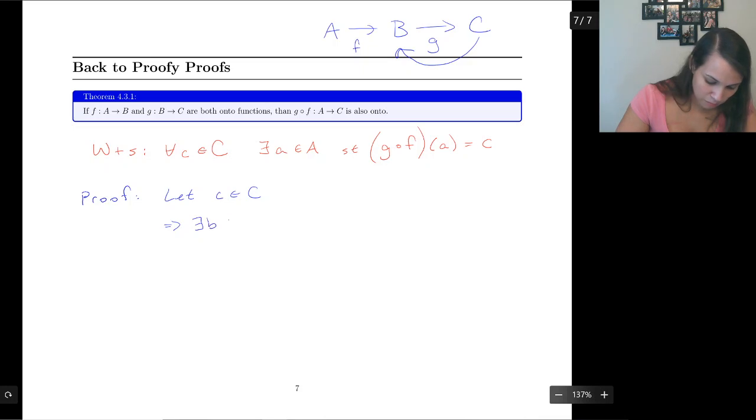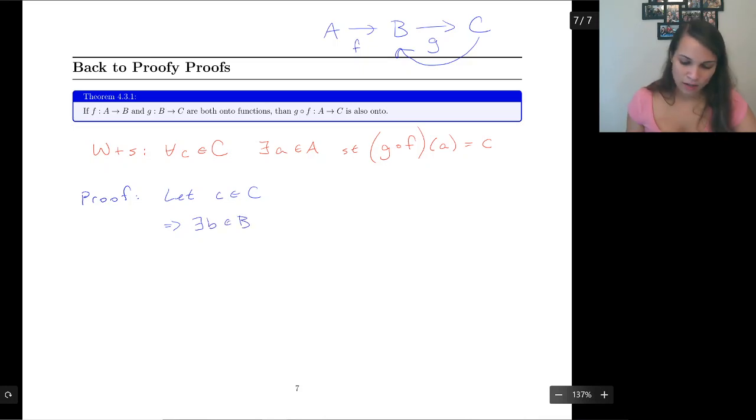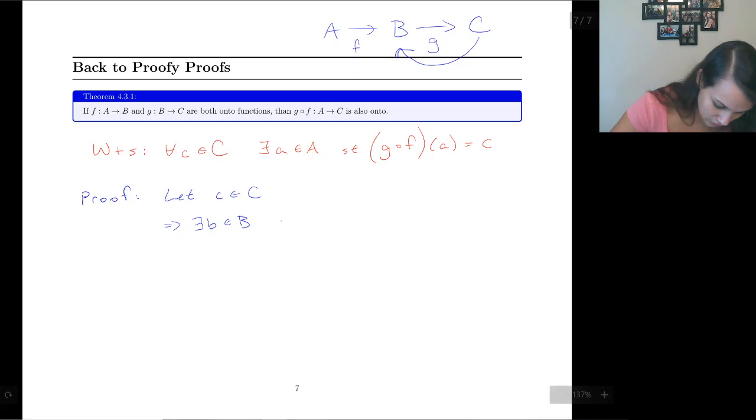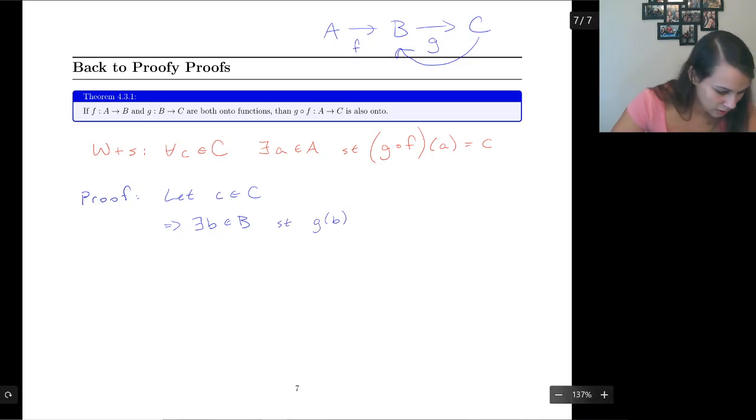So there exists a b in B because g is onto. Everything in C is going to get mapped to by g, so I can get back into the set B. So there exists a b such that g of b is equal to c because we know g is onto.